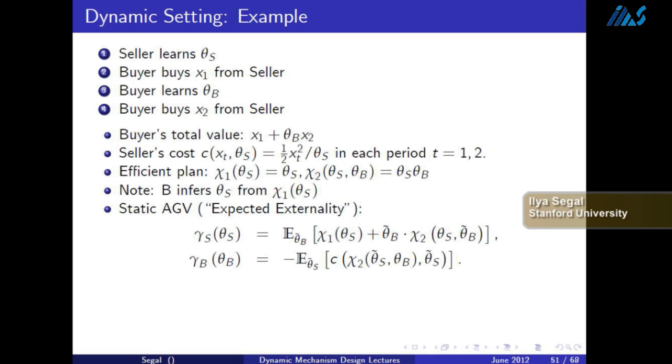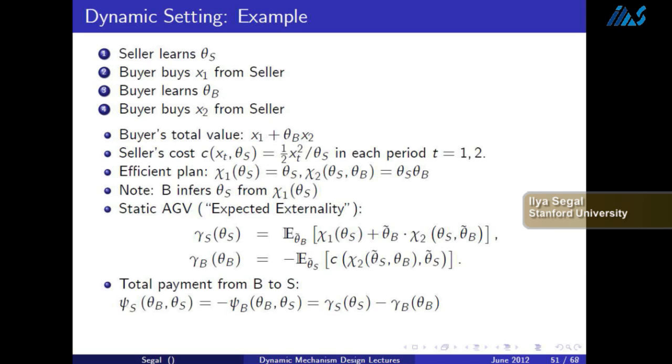And the incentive payment to the buyer is a function of his announcement, the expectation of the seller's cost over the seller's possible types. So this will work perfectly if the seller and the buyer report their values simultaneously. So that will give them incentives to report truthfully.